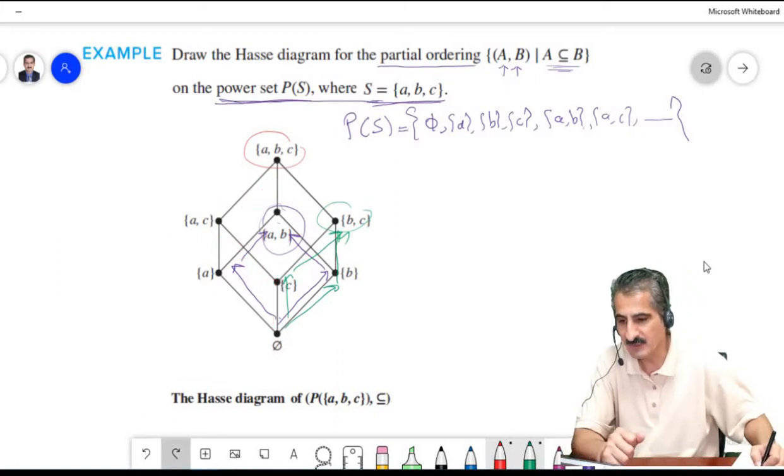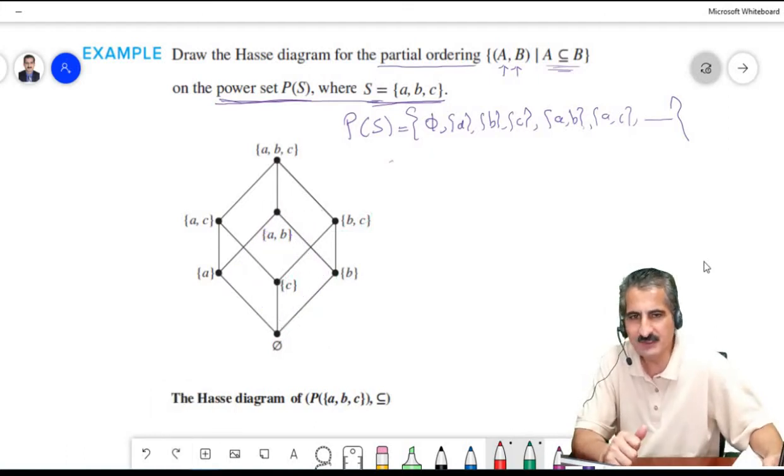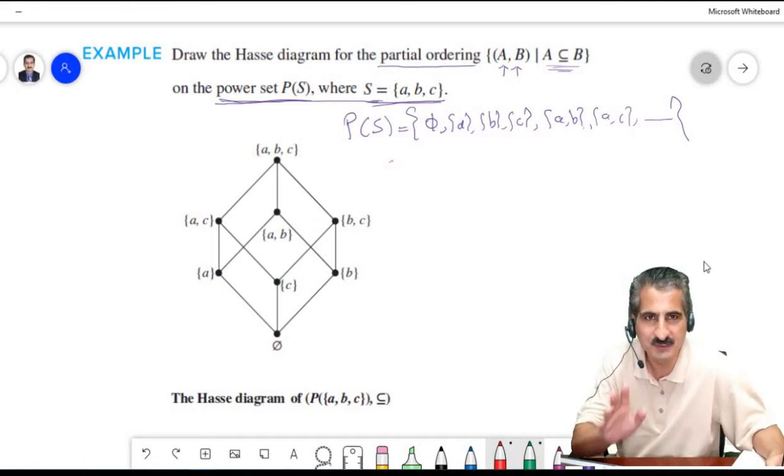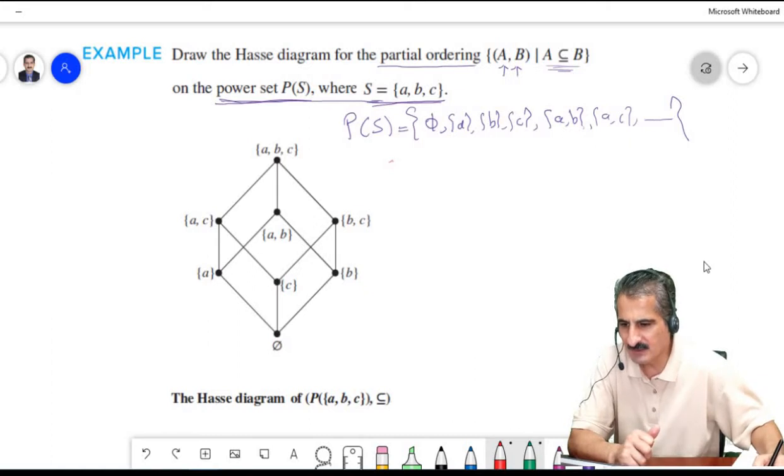Okay, now you can see any relation here is any two subsets related to each other are connected by some line. For example, the subset consisting of A is contained in AB. You see that? And the set B also, let me say the set B is contained in this one.